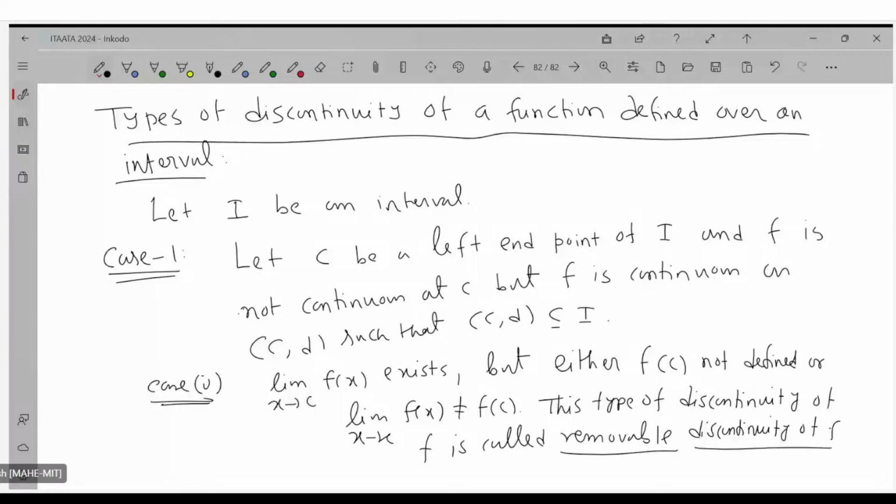Okay, I am not writing all this stuff, otherwise it's too lengthy. You just write it, then c will be called the point of removable discontinuity. Okay, so I'll give an example.